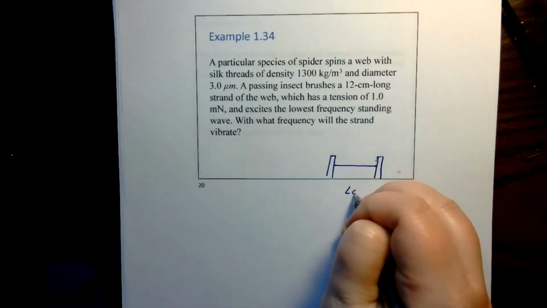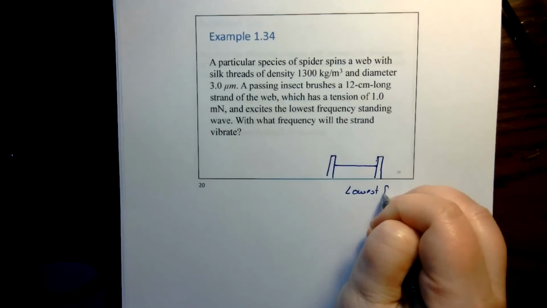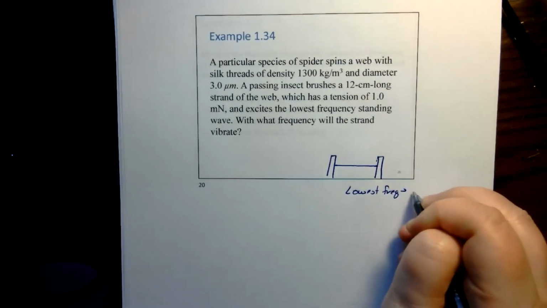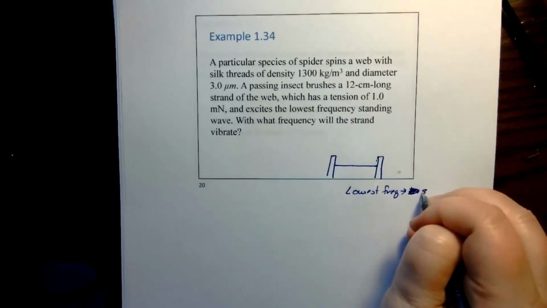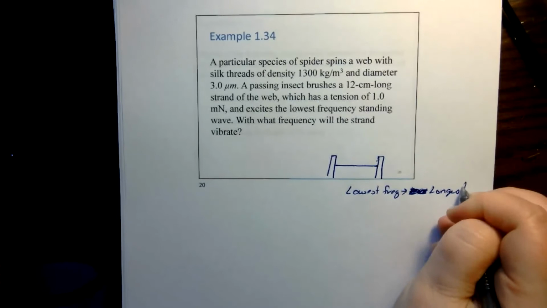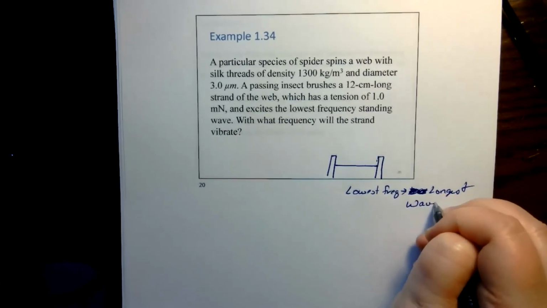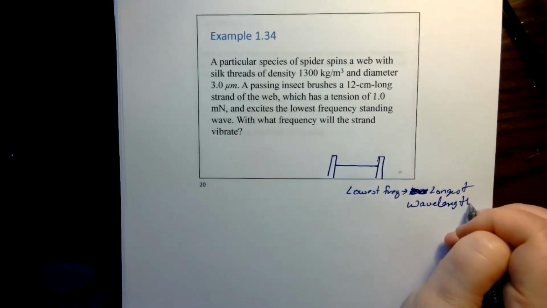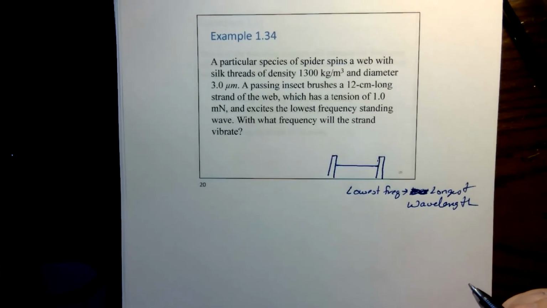So our lowest frequency is our longest wavelength. Now we've got to figure something out. Let's go through and list our knowns and unknowns real quick.